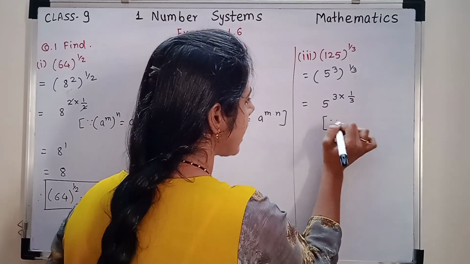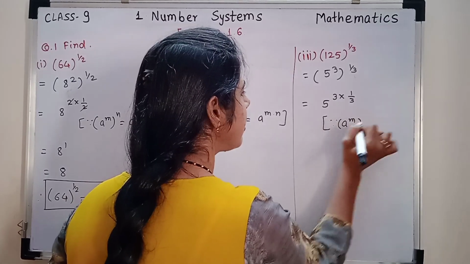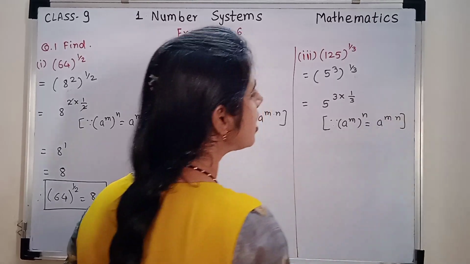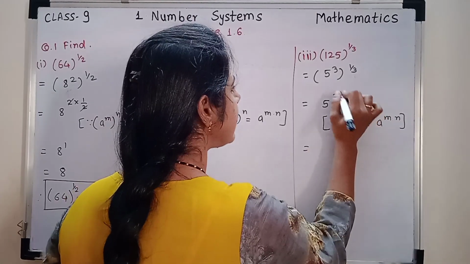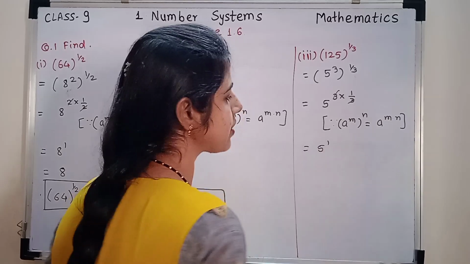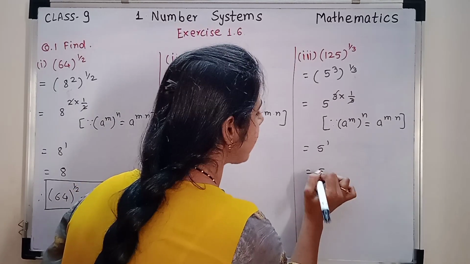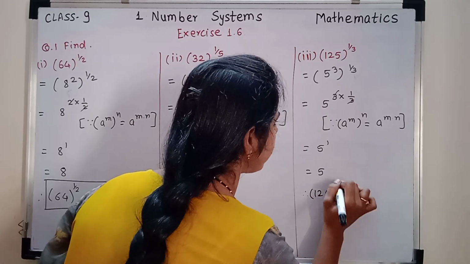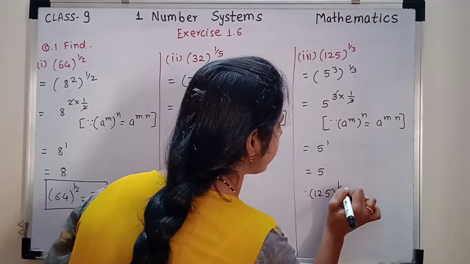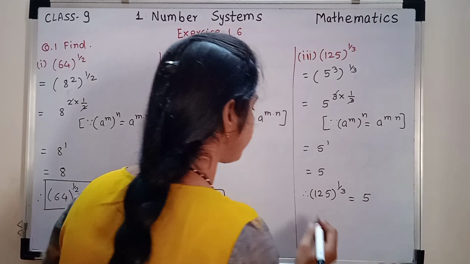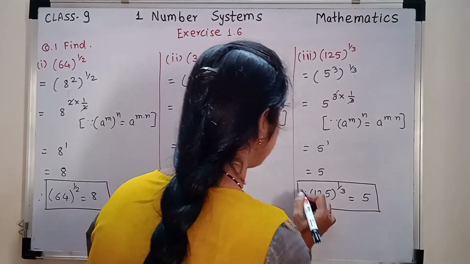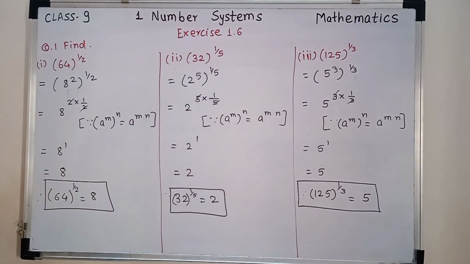If we are using any law, any identity, we should write it in the bracket for the reference. So here 3 and 3 cancel out. What is remaining with us, 5 raised to 1, that is 5 only. And therefore whenever you get the final answer, always highlight your final answer. So 125 raised to 1/3 is equal to 5, the correct answer.